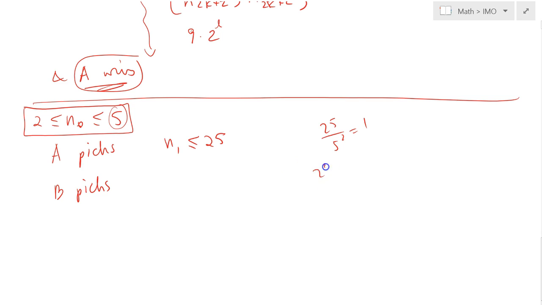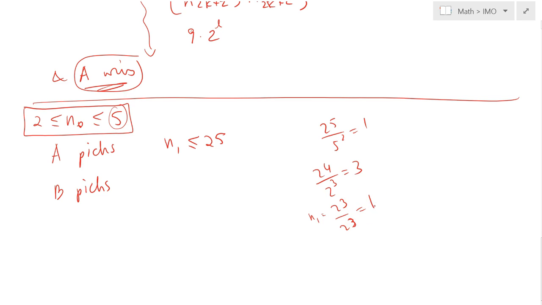If A picks 24, 24 is 2 cubed times 3, so B can divide it by 2 cubed and further reduce the number to 3. So it will restrict n1 in the next step to be less than or equal to 9, and so on. And if A picks 23, B will just divide it directly by 23, which is a perfect power of a prime, and it will again get 1.